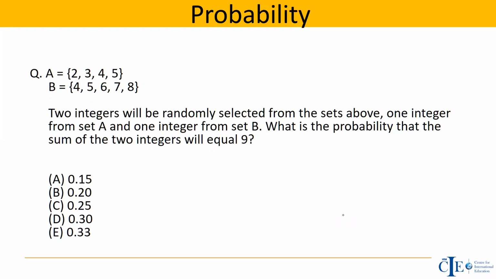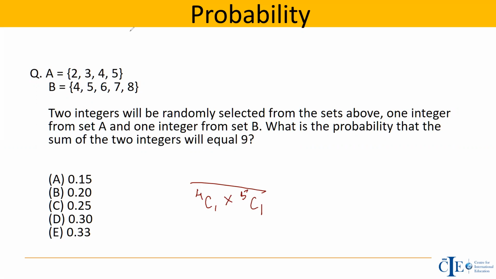Yeah, how much is that? 0.25. How come? B, 0.2, right? So you want the sum to be equal to 9, right? So how many possible combinations in the denominator? From A, you need to select any one, so 4C1. From B, you need to select any one, so 5C1.